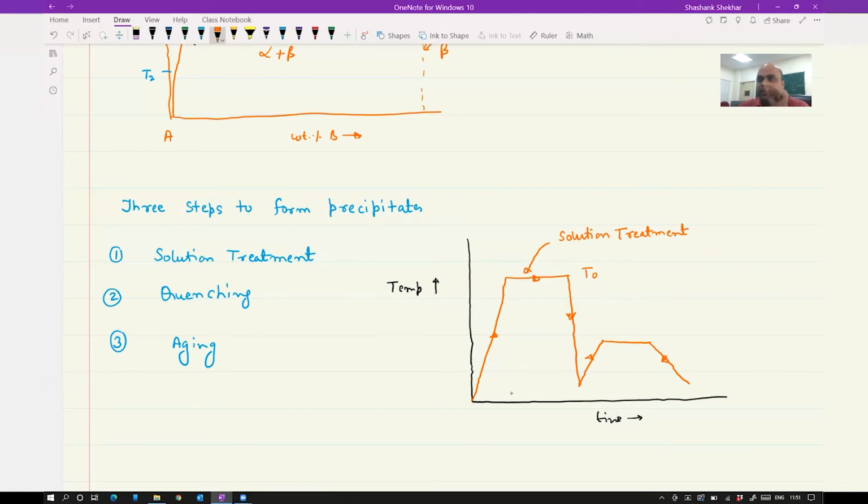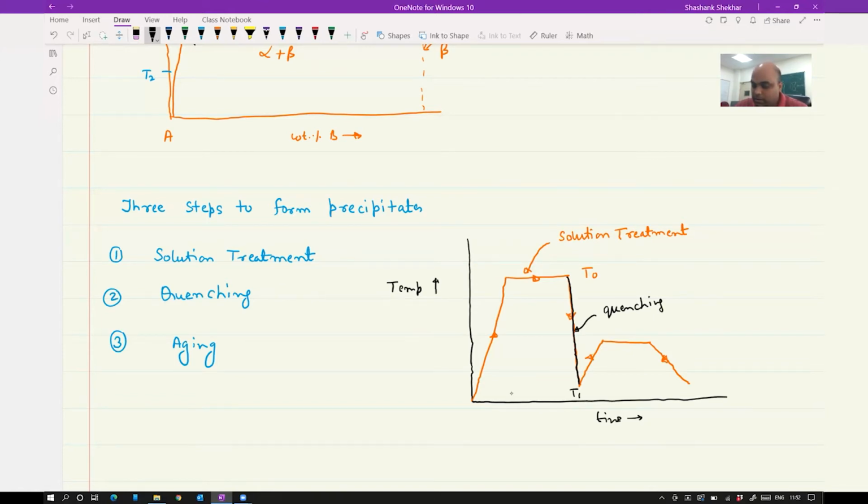You go to a temperature T0 and leave your sample for a long time at that temperature T0. Then you are going to quench it. This second process is called quenching, to say a temperature of T1.